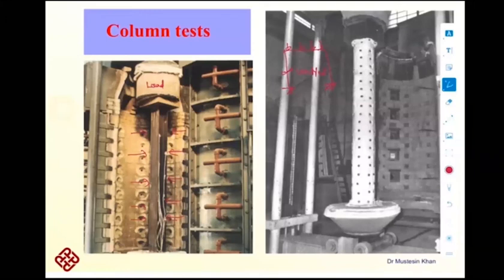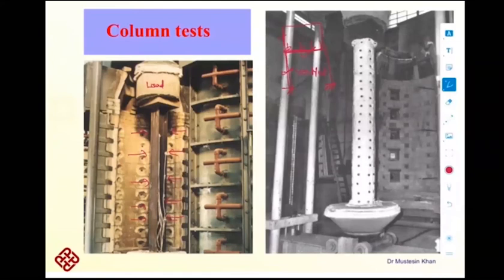So another drawback, the major one, which is associated with this kind of testing, is that they have isolated this column from the whole structure. In reality, this column is a part of the structure. It is attached to other beams and the other columns if there are more stories. And if you are looking at it in isolation and not assuming the connection with the other parts of the structure, then it is not a representation of the actual behavior.